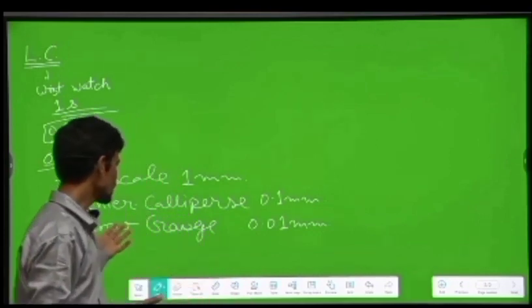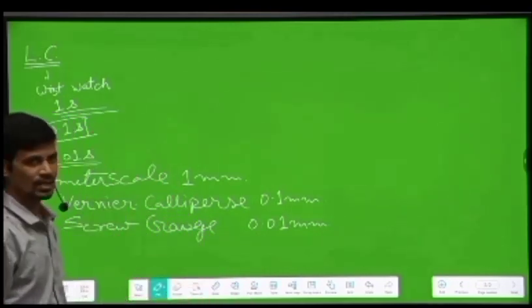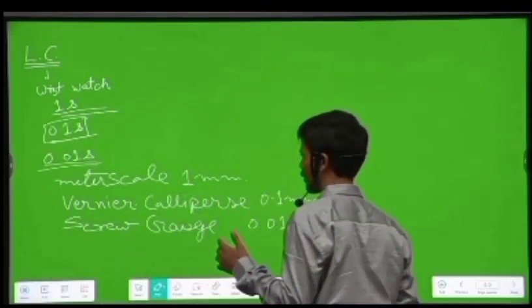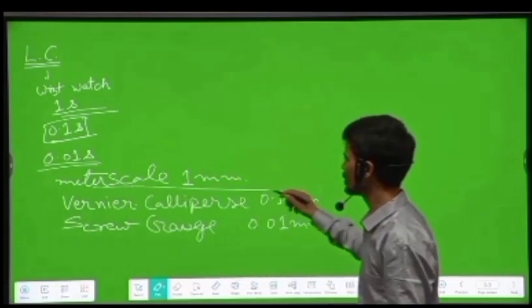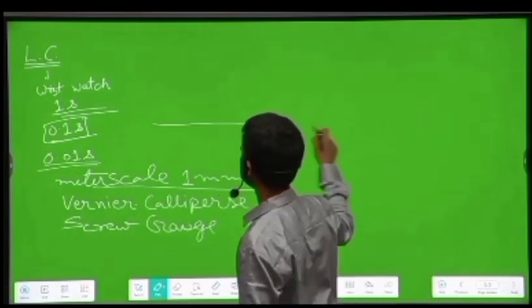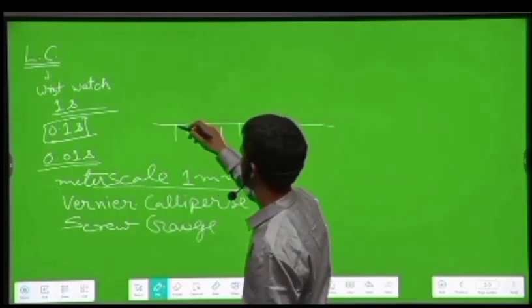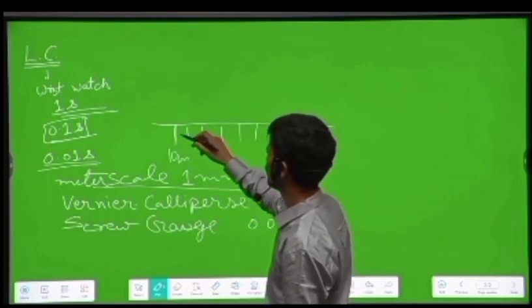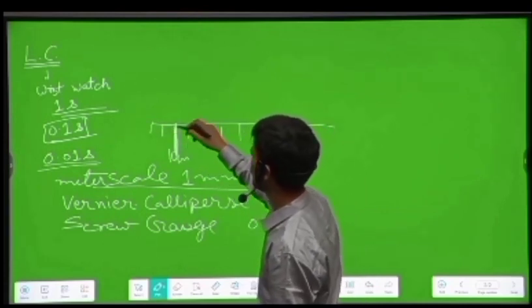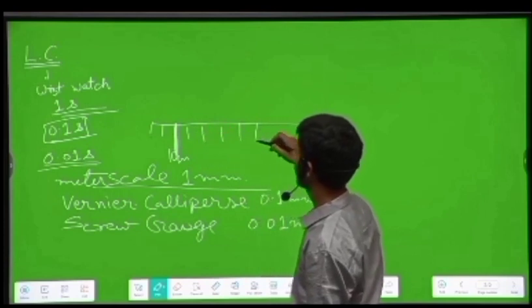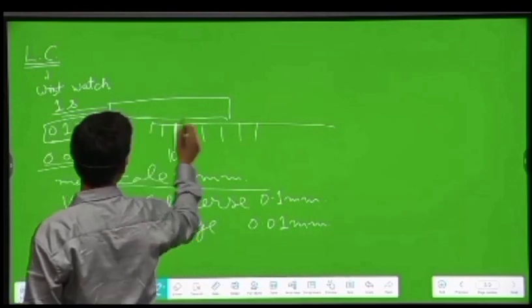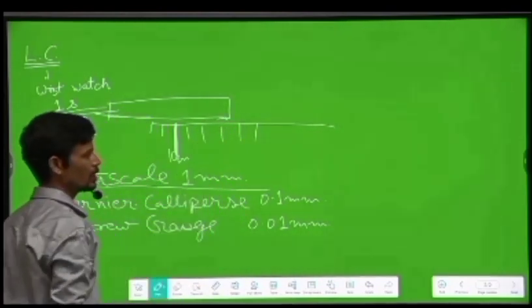Now, what is the problem with this least count? This least count tells us that, okay, let me give you an example of this meter scale. Let us suppose there's a scale. There is a mark at 10 centimeter, and then there are millimeter marks 1, 2, 3, 4. Let us suppose there is a rod up to here, it has been measured.